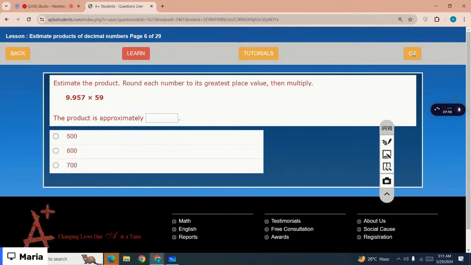Estimate the product 9.957 times 59. So which is the correct option?